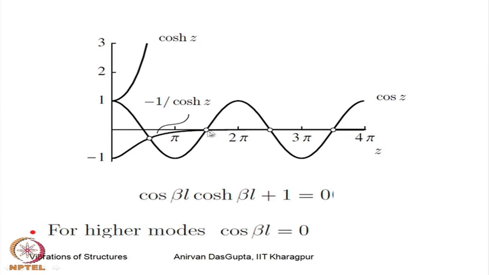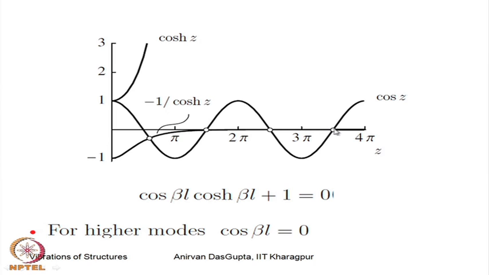You can see that each of them, as I indicated, will tell us the circular natural frequency. For the higher modes, so higher frequencies, you see this 1 over cos hyperbolic z falls off very fast to almost 0.